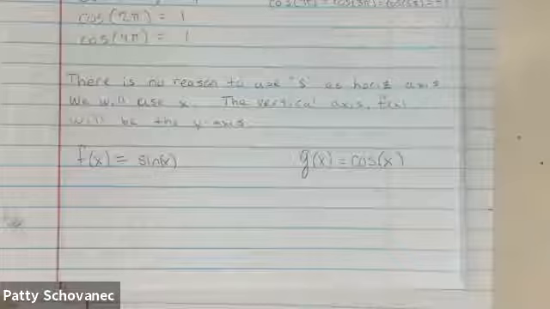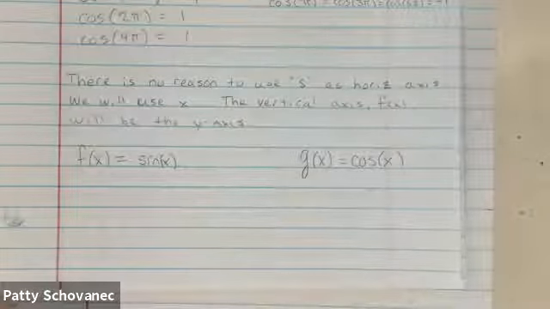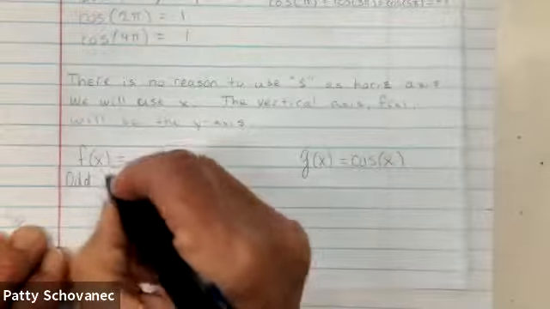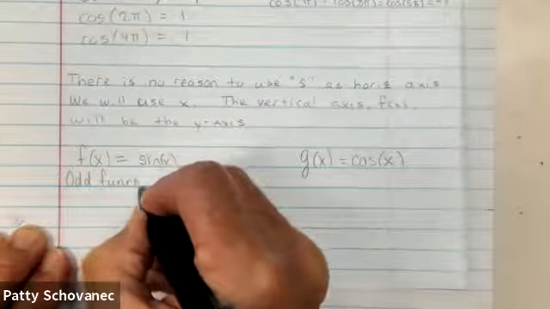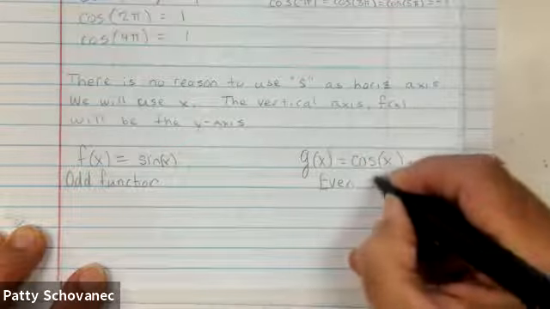The sine function is an odd function. And the cosine function is an even function.